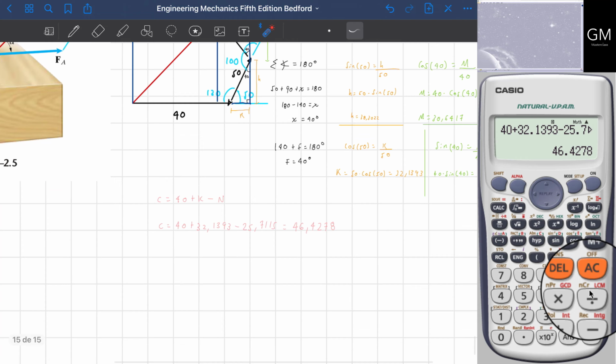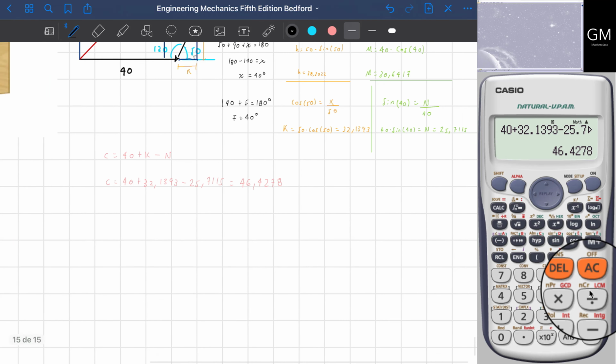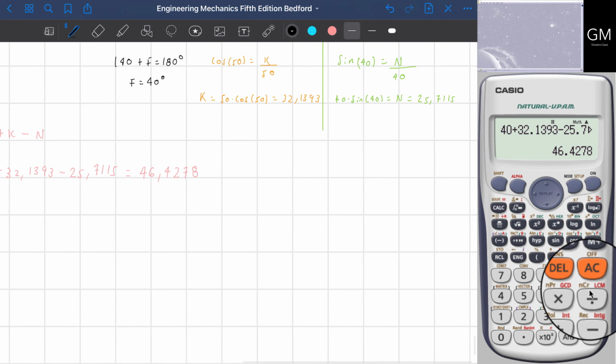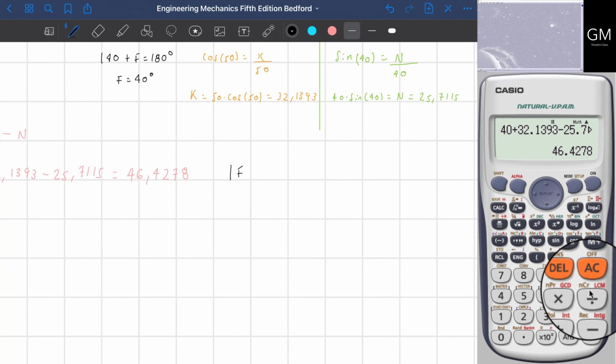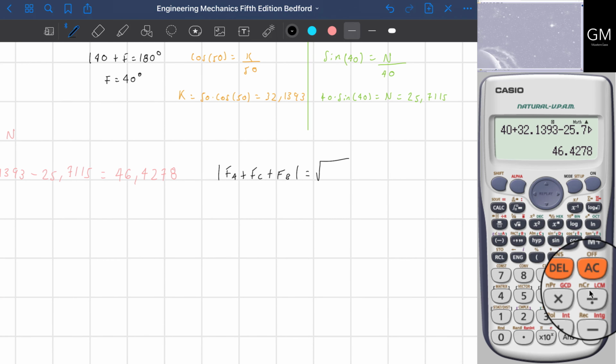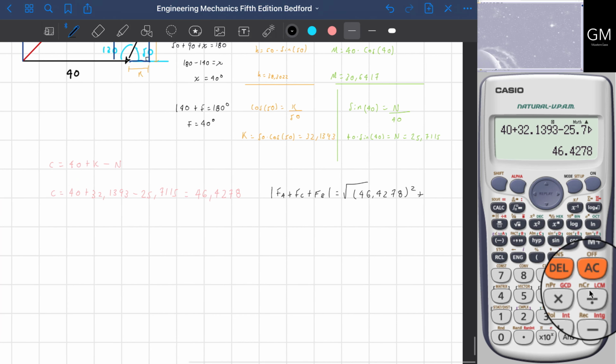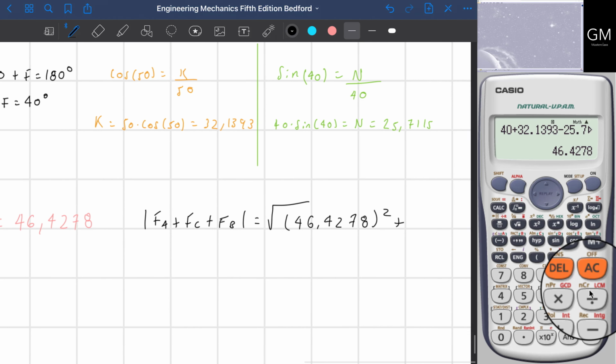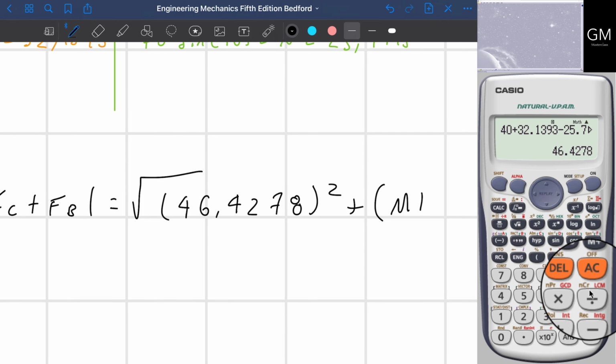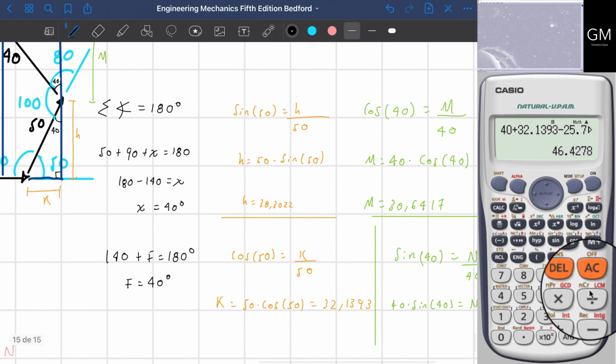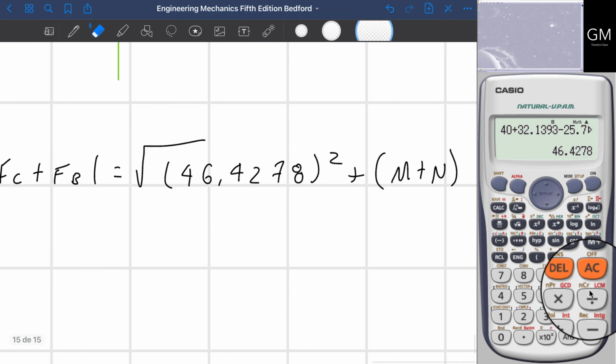So the answer will be by applying the Pythagoras theorem, in which I'm going to say that the value that I need, in this case FA plus FC plus FB, is equal to the square root of 46.4278 evaluated to the second power plus m plus h, m plus h evaluated to a second power as well.